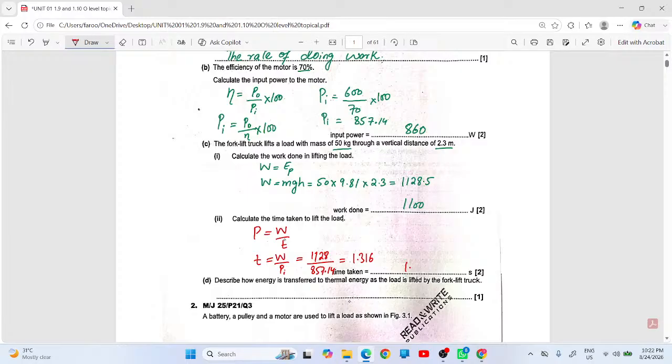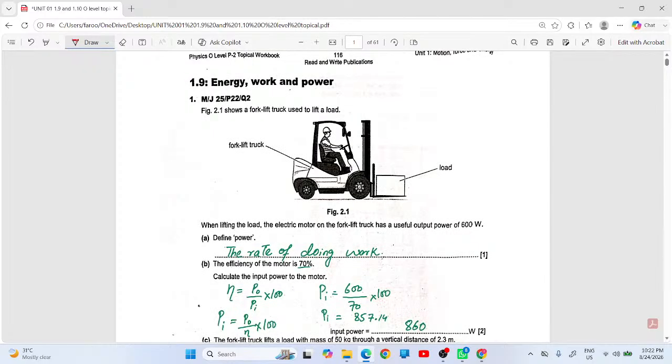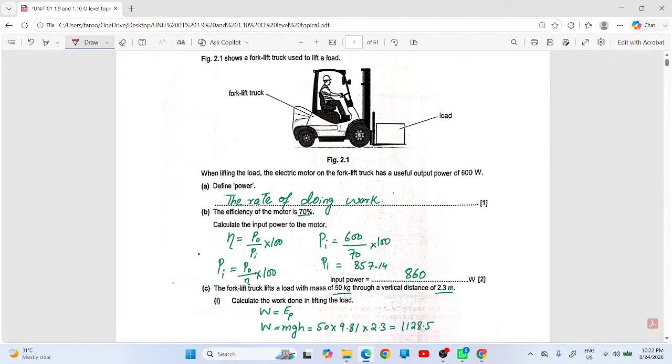Why? अच्छा सर, क्योंकि असल तो उसको ऊपर जो पावर लगा है, वो है ही आउटपुट ना. इनपुट में तो वो जाया भी तो हो रहा है ना. 2 मिनट रुके. ठीक है. When lifting the load, the electric motor on the lift truck has a useful output power of 600.